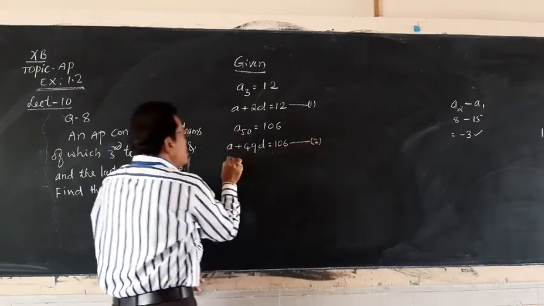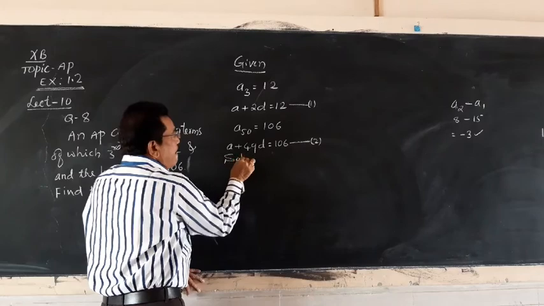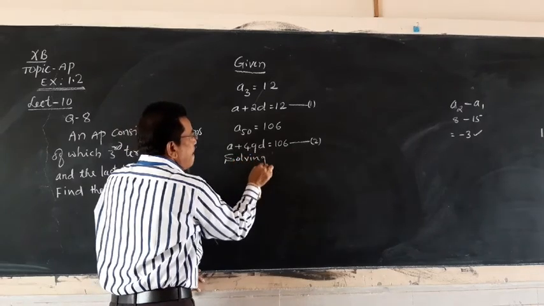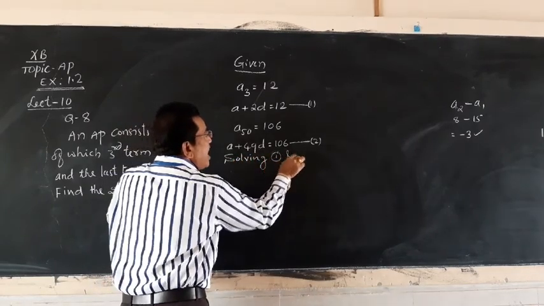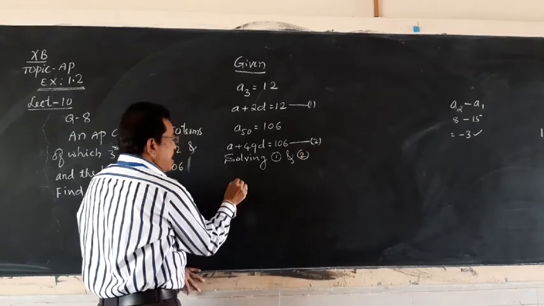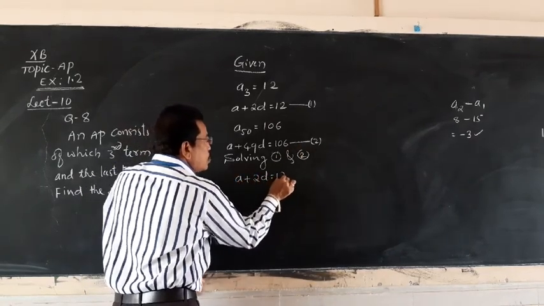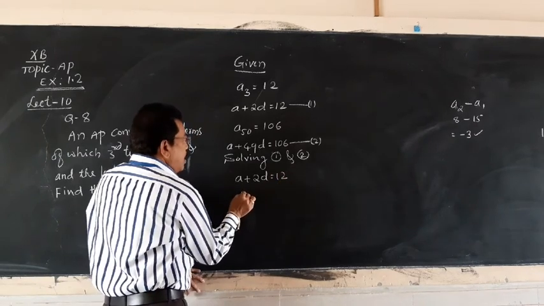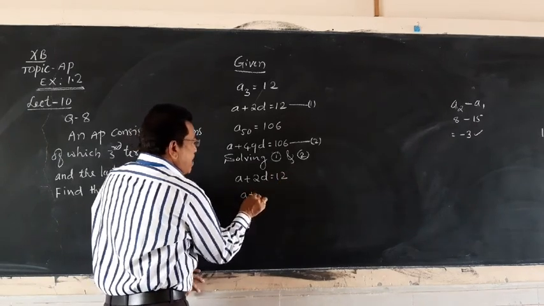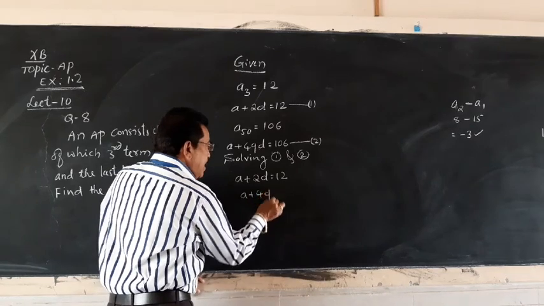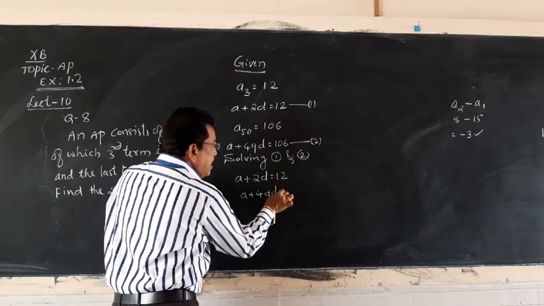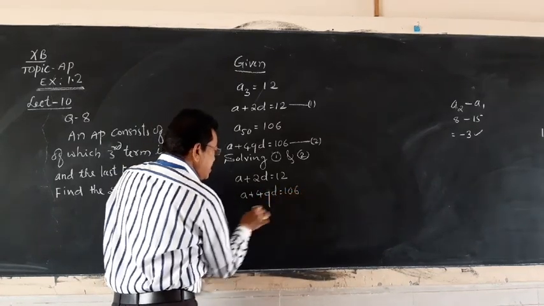Second one. Solving first and second: A plus 2D equals 12, A plus 49D equals 106.